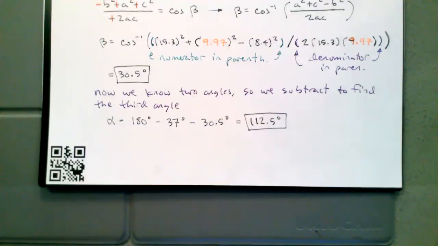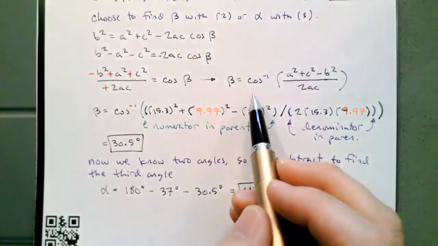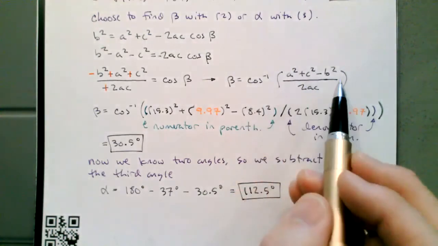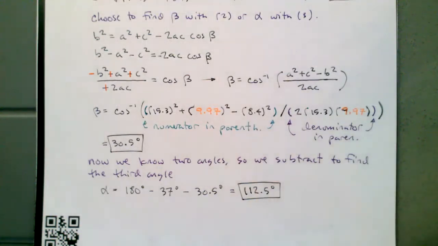Now keep in mind, solving for beta was a choice that we made. I had to pick solving for beta or solving for alpha, but we could have solved for alpha. So beta is cosine inverse of A squared plus C squared minus B squared over 2AC. We could also have solved for alpha.